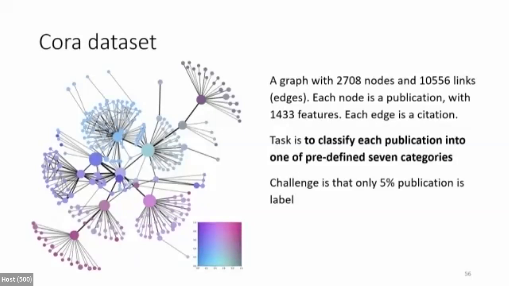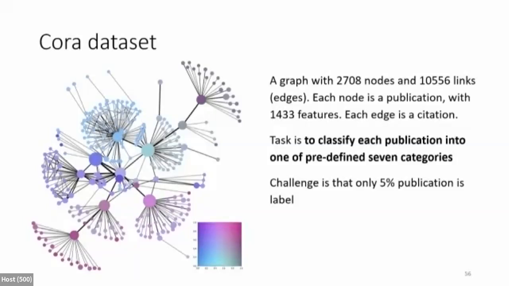However, the task is really to classify each publication into one of the predefined categories. The challenge for this problem is that only 5% of publications are labeled, and 95% of publications are not classified into any category.